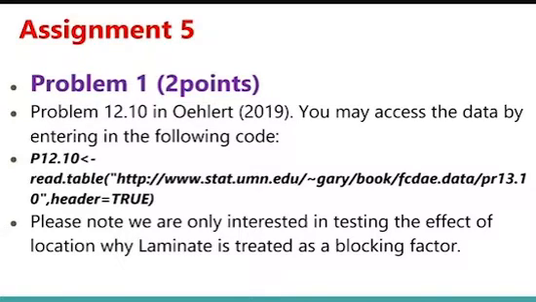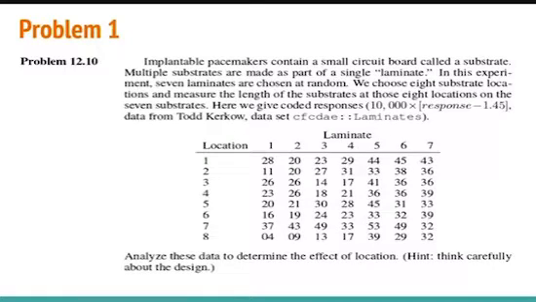If you look at question 1 here, if you specifically look at what they ask you to test, it says, analyze this data to determine the effect of location. What does it emphasize? Effect of location. But that doesn't mean there is no laminate.